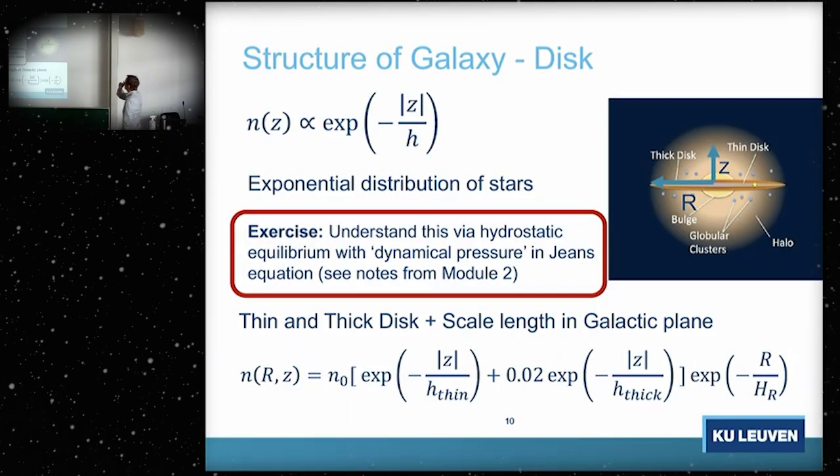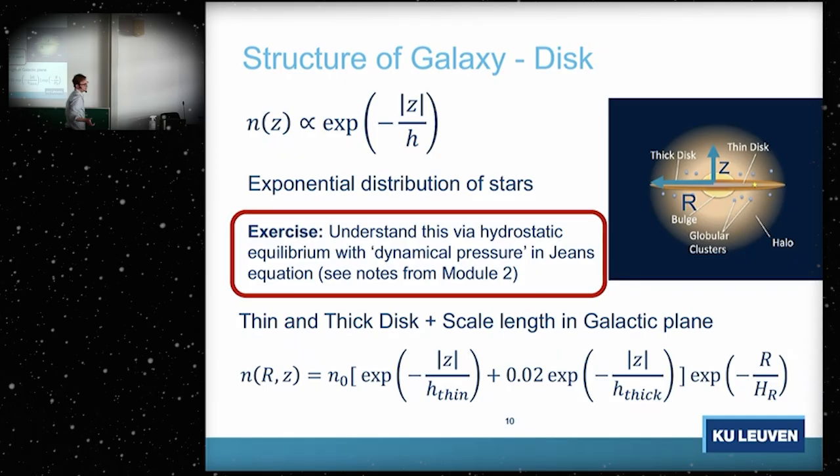Now, if you look at the disk specifically, and the distribution of stars, here is where the majority of the stars are. This is the active star formation region, as we know, in the disk. Then we can map out and count stars, and we come to the conclusion that they follow an exponential distribution.